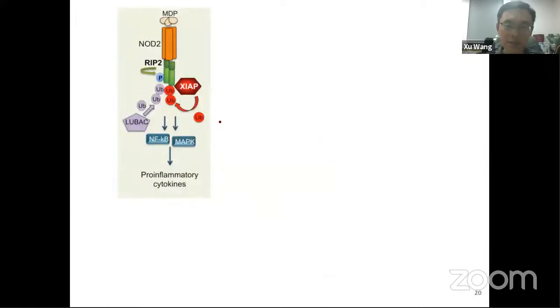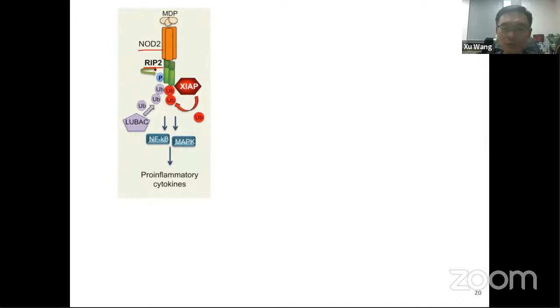So this is another example. MDP is a material derived from bacteria. MDP can activate the intracellular receptor NOD2 and also the signaling molecule RIP2. Upon recognition of the bacterial MDP, NOD2-RIP2 signaling is activated.